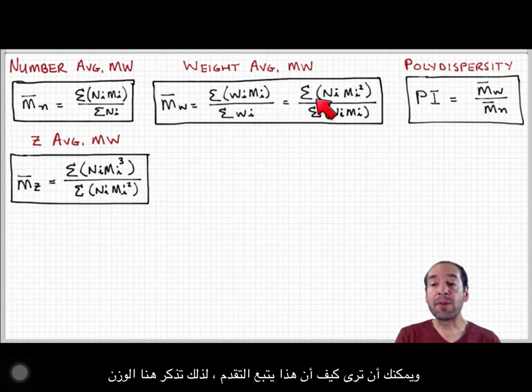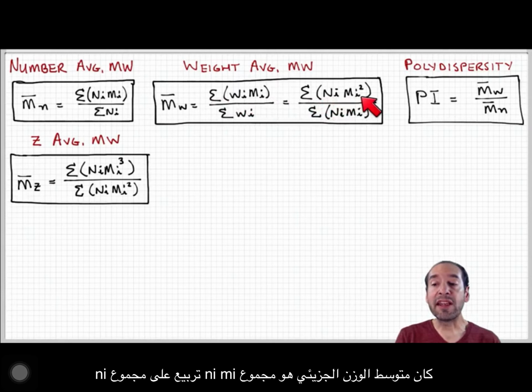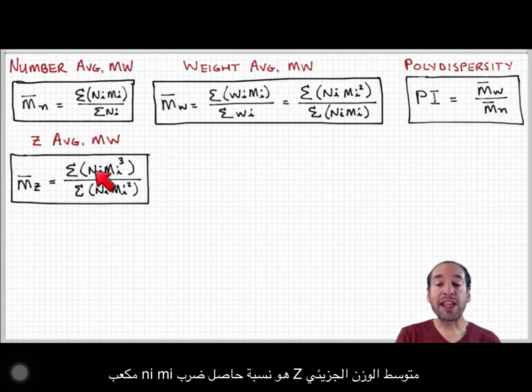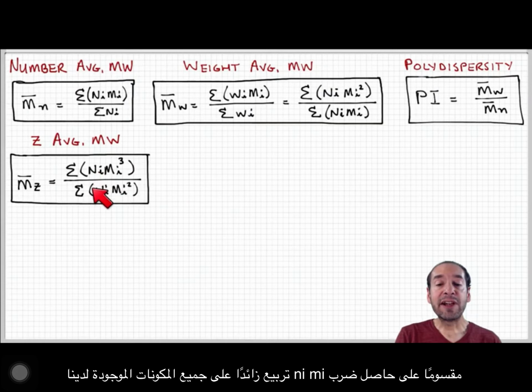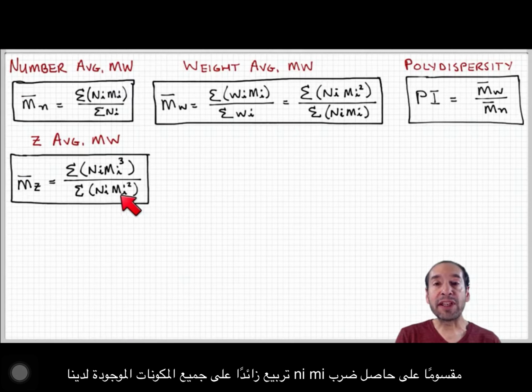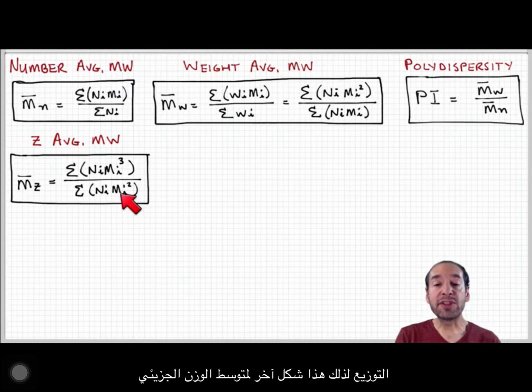So here, remember, the weight average molecular weight was the sum of the NiMi squared over the sum of the NiMi. And this product of N times M is related to the weight of the sample. The z-average molecular weight is the ratio of the sum of the product NiMi cubed divided by the product NiMi squared, added up over all the components in our distribution.